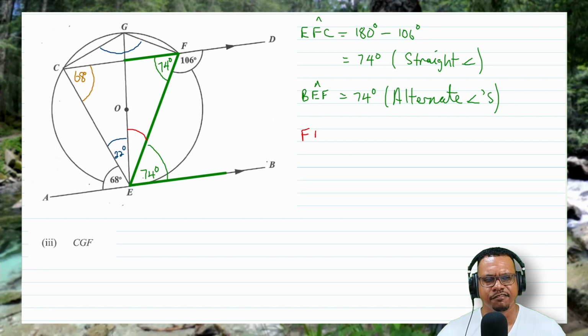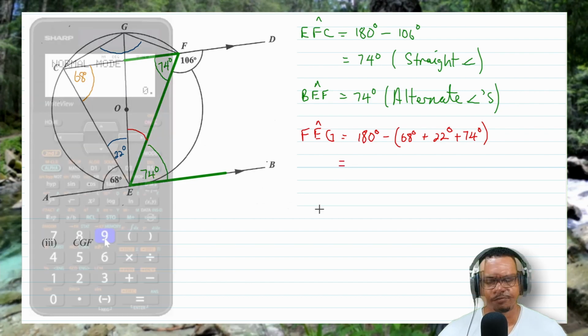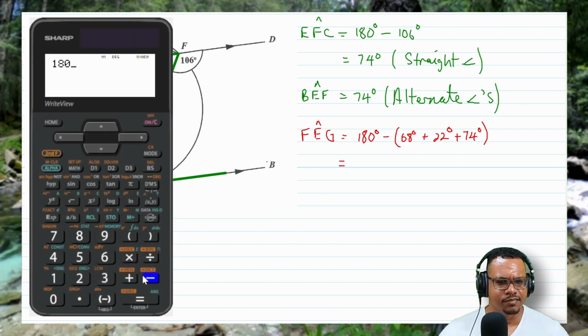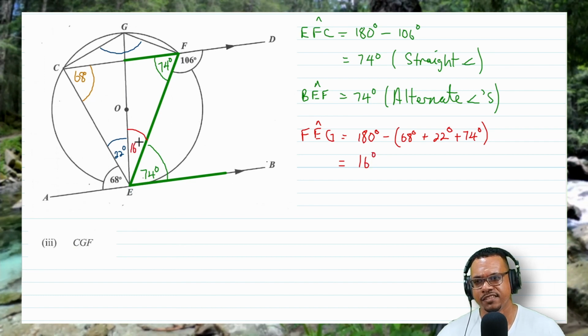All right, so angle FEG is equal to 180 take away, open brackets, 68 plus 22 plus 74, close brackets, and that's 16 degrees. So this is 16 degrees here.